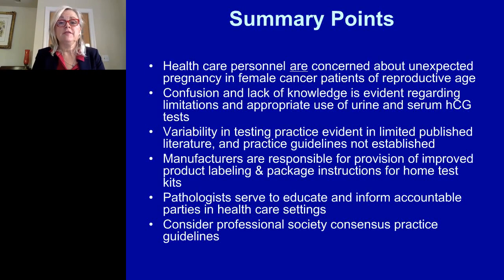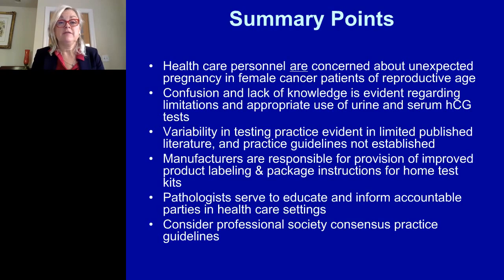So we know that healthcare personnel are concerned. We have the surveys from overseas about unexpected pregnancy in female cancer patients of reproductive age, but there's lack of knowledge and confusion about the limitations and appropriate use of urine and serum HCG tests. There's clearly variability in testing practice evident in what is a limited published literature, and we don't have the establishment of practice guidelines.